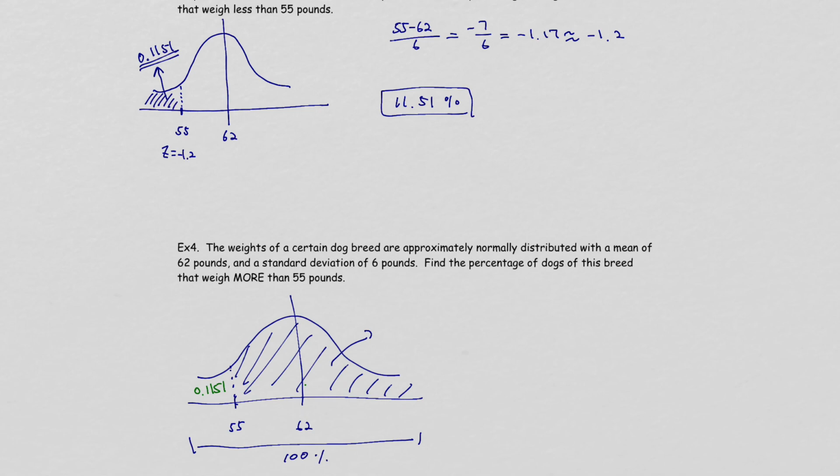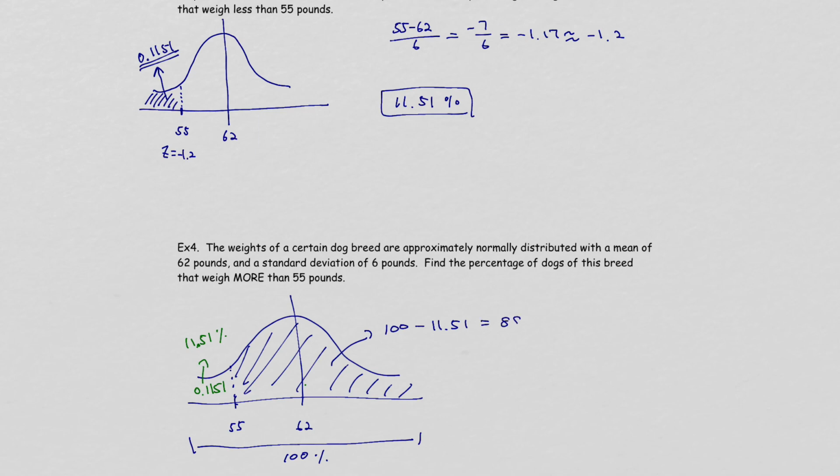Since the table gives you the left side area, in order to find the right side, you need to do 100 minus the percent given.